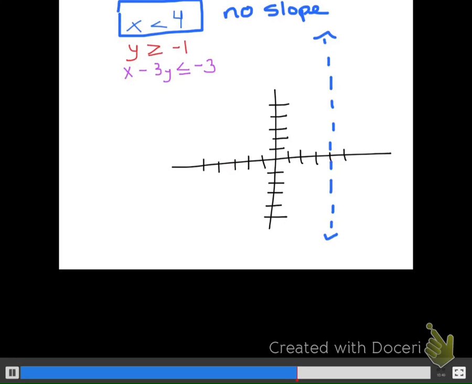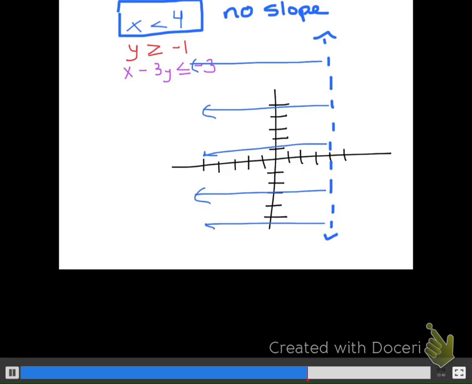Now it is less than 4, so that means all the numbers to the left of 4, because remember on the number line, all numbers less than 4 are to the left of 4. Right? And then our second equation, y is greater than or equal to negative 1. Since you have no x, your slope is 0.